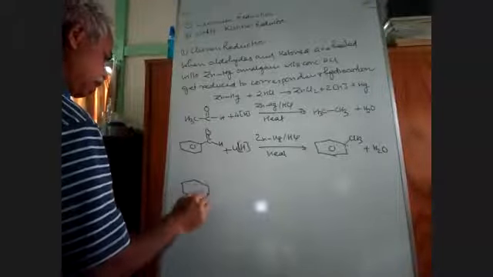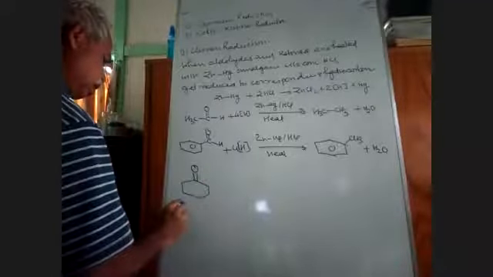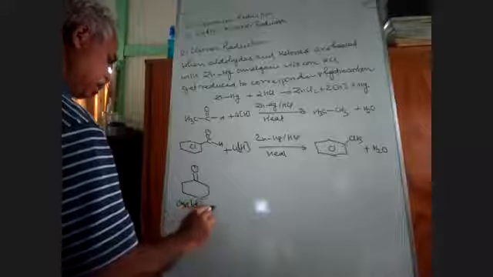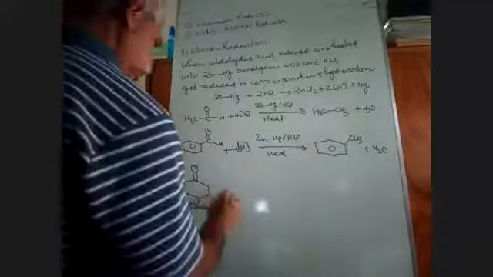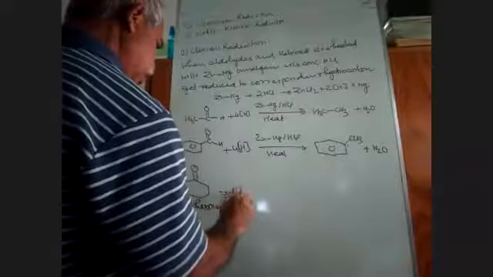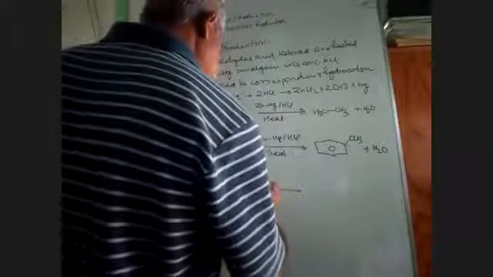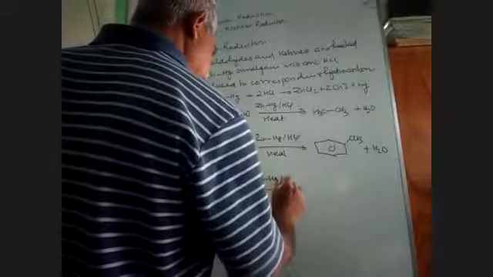Suppose I have taken this, cyclohexanone. They will intentionally give you this one. See, every carbon is having CH2. So I write 4H, then zinc, Hg, HCl.